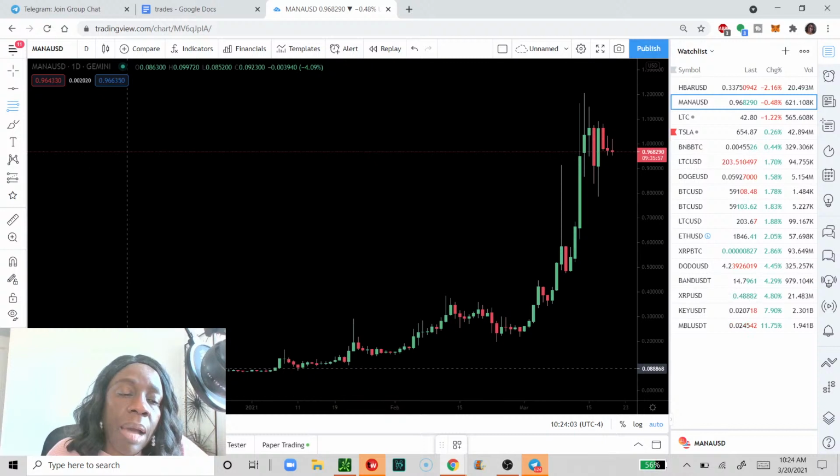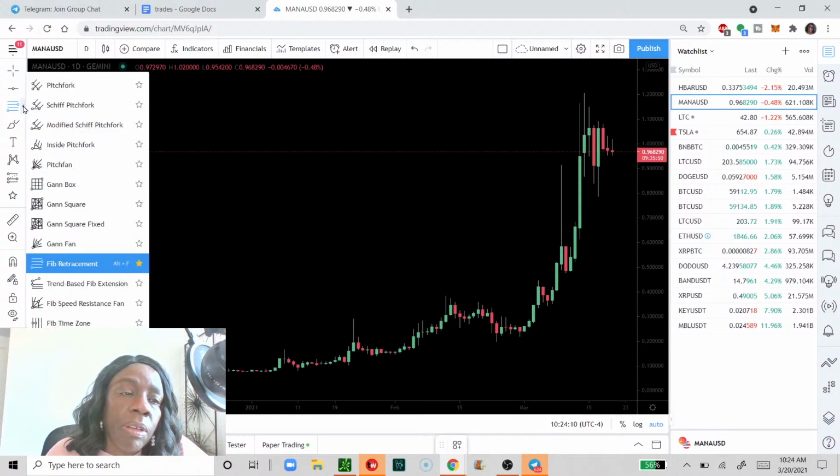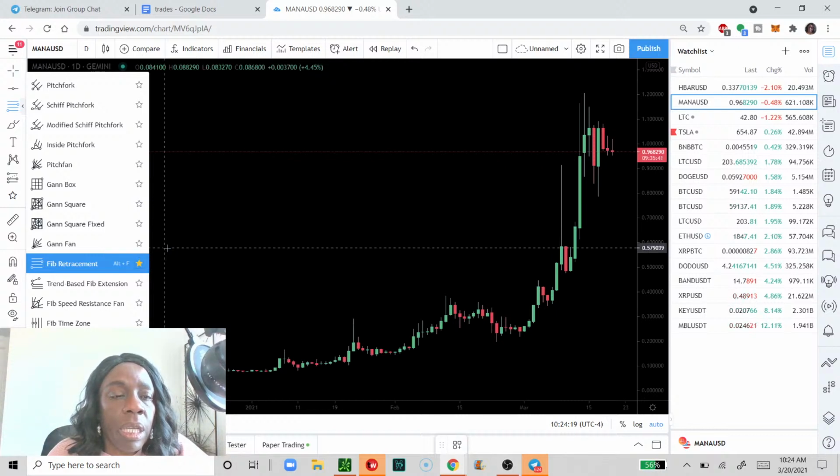Here it is, and it's the only tool I use out of all these. And there it is, the Fibonacci retracement tool, and I've started it as a favorite.